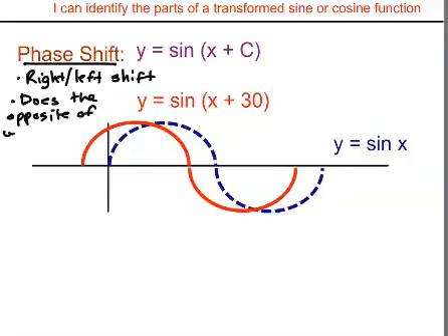In other words, if it's plus 30, you would think it would go right 30, but instead it moves to the left 30 degrees. Okay, so it's just going right, left.